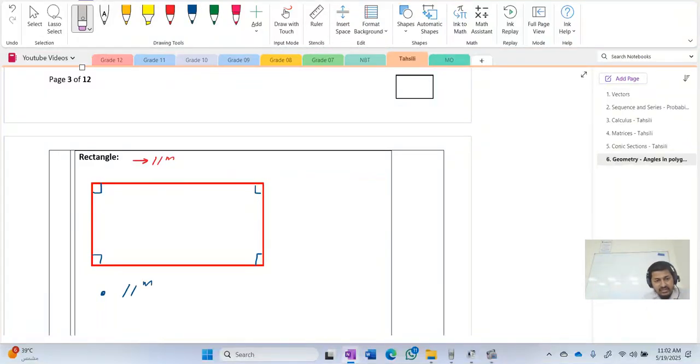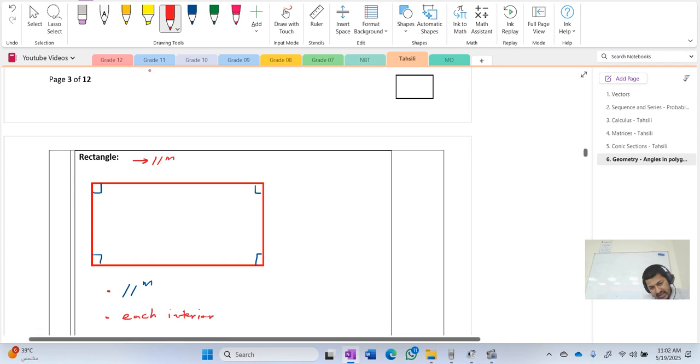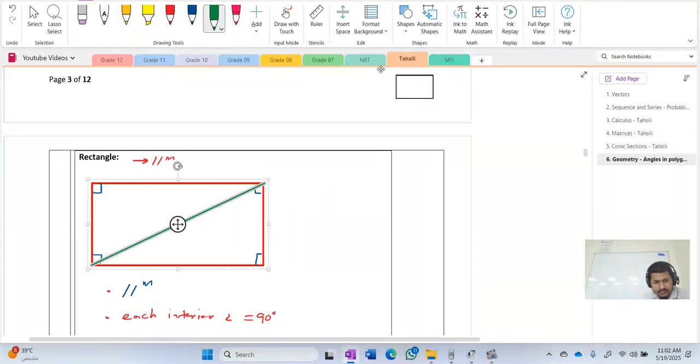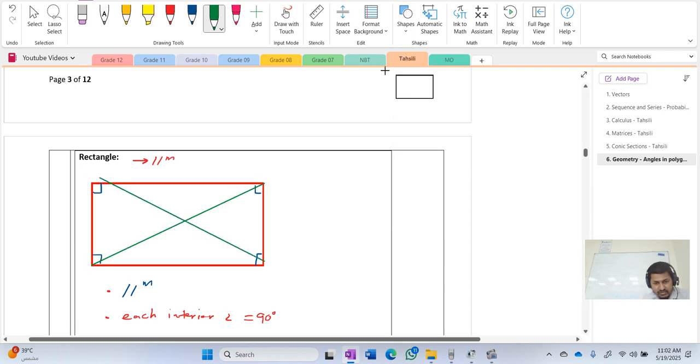Each interior angle is equal to 90 degrees, right? The diagonals are equal. Think of a page. The distance from this corner to this corner is a diagonal, and the distance from this, right? So I need to label the diagram ABCD, so we know exactly what we're talking about here.